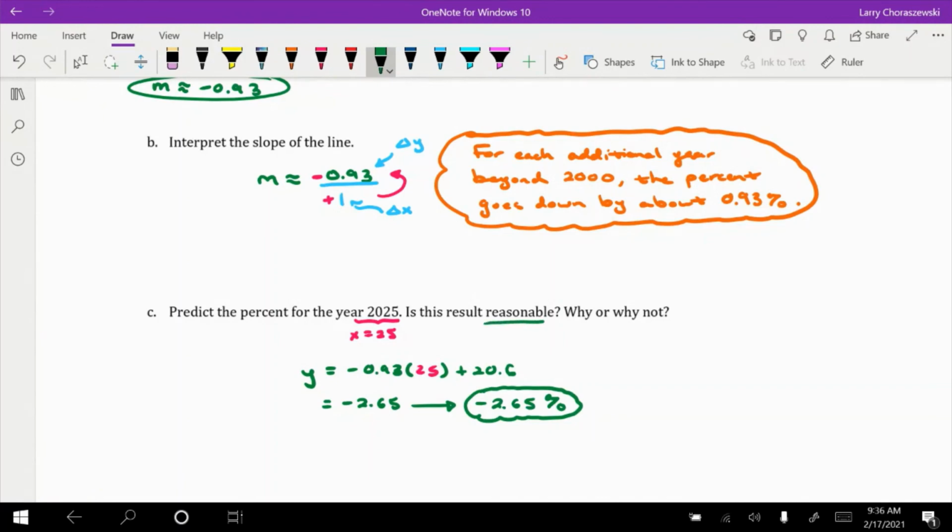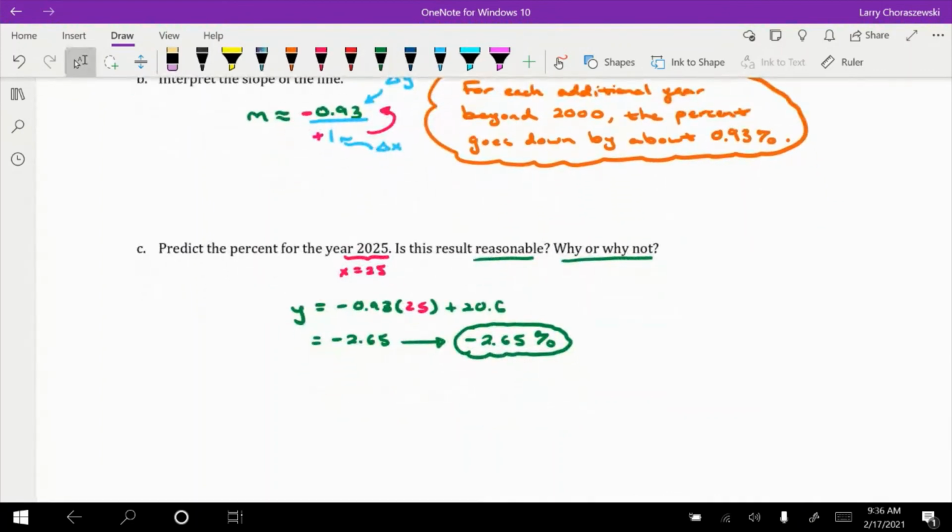Is it reasonable? Why or why not? I'd like to hear from you guys. Yeah, that would be kind of a strange scenario, right? Negative 2.65 cigarettes.